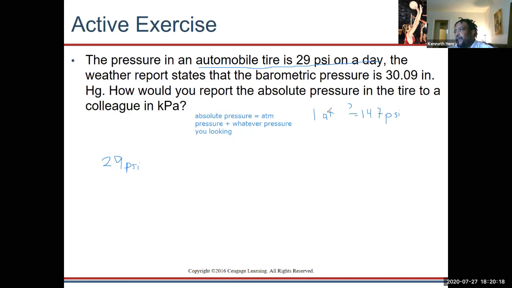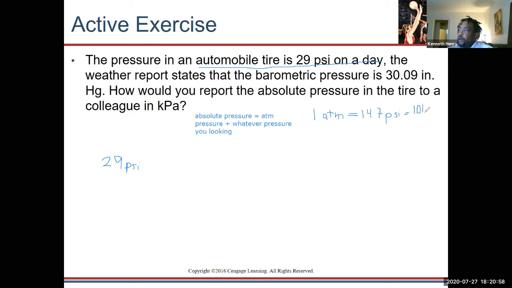And for 1 atm, how many pascals or kilopascals is it? We'll say kilopascals. 1 atm equals how many kilopascals? Well, we know it's 101,325 pascals. So if I divide that by 1,000, that's going to give me my kilopascals.